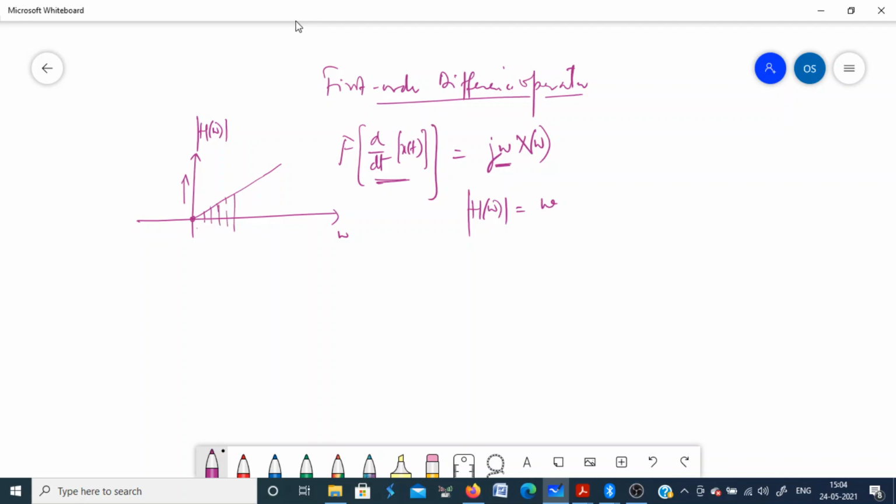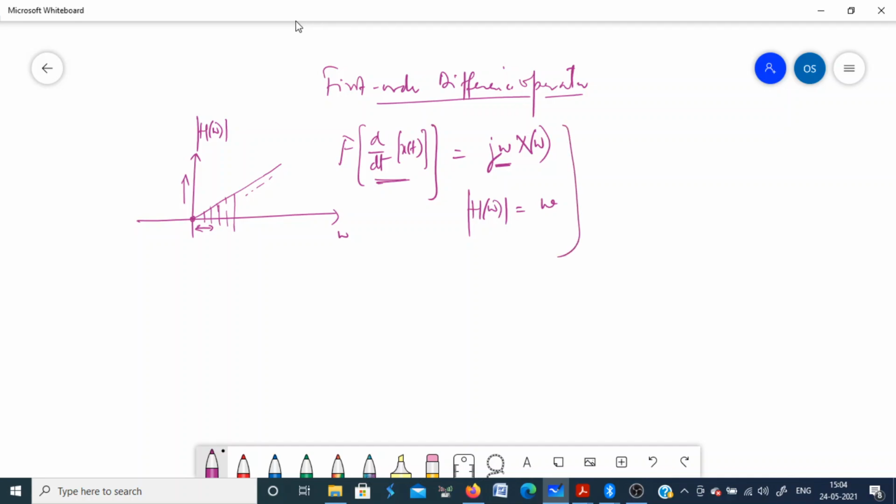Okay, so lower frequencies are attenuated by it, and the higher frequencies are amplified. Right, so this type of operator you can use to attenuate or remove the DC frequencies, and you can attenuate the lower frequencies, like the baseline wander in the ECG signal.